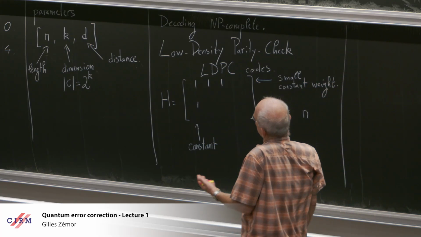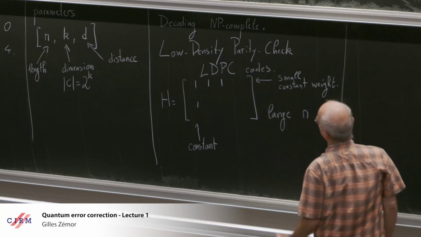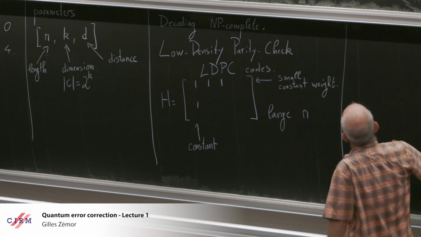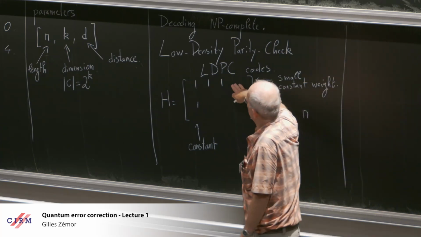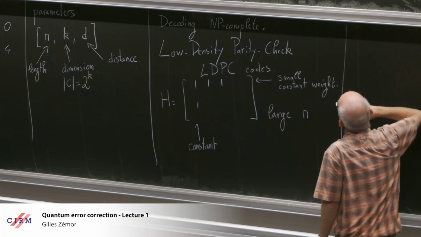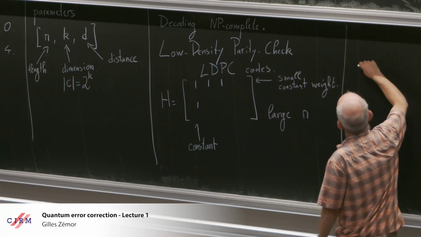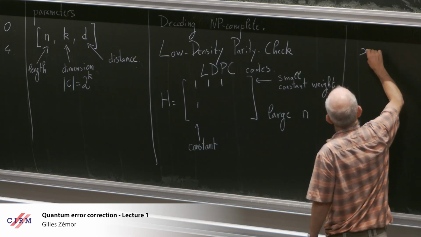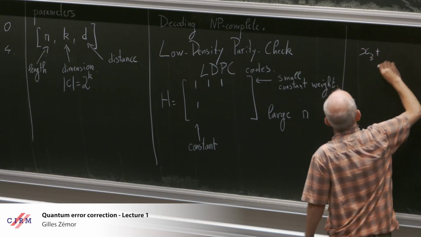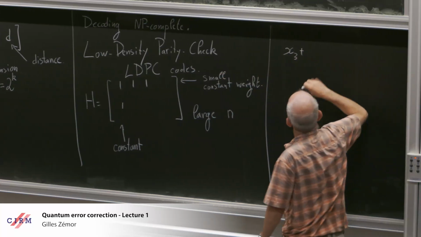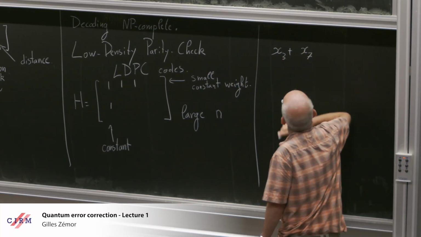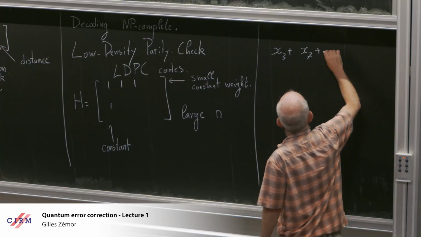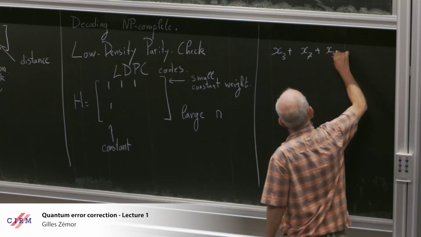So why is this an interesting idea? Well, because you can imagine that this is going to help decoding, right? So when you compute the syndrome, you're computing equations. So code words should satisfy equations, and if they're of small weight, your equations will look like this. If you have a row of weight 3, for example, you'll have an equation which will look like x3 plus x7 plus x35, for example.